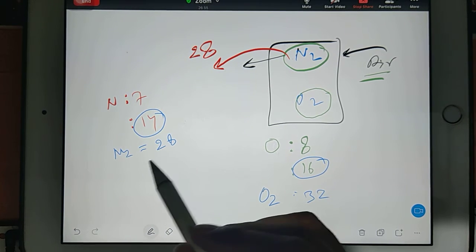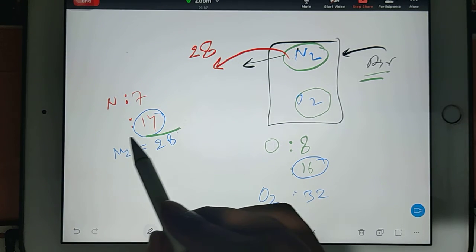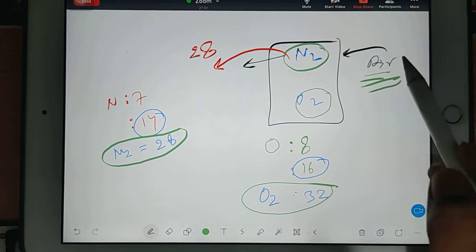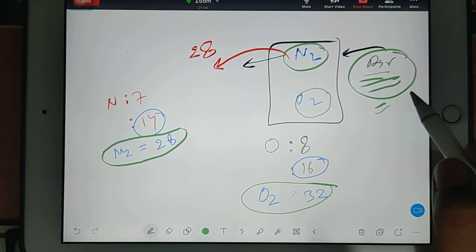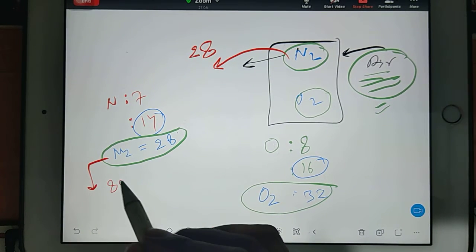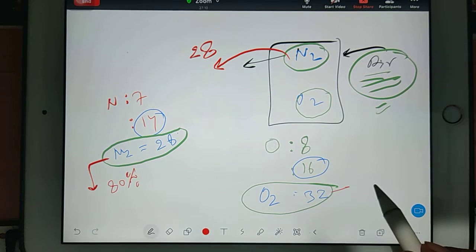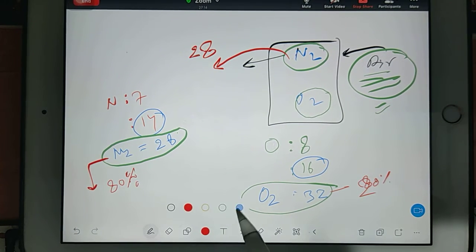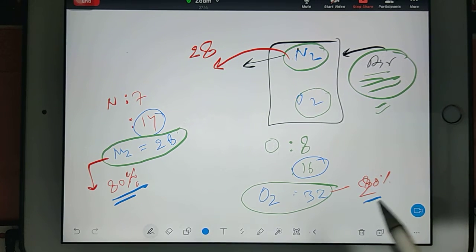If you are adding N2 and O2 in such a way that it makes the mixture of air we breathe in the atmosphere, you should take N2 approximately 80% and O2 approximately 20%, by volume or by mass, roughly speaking.